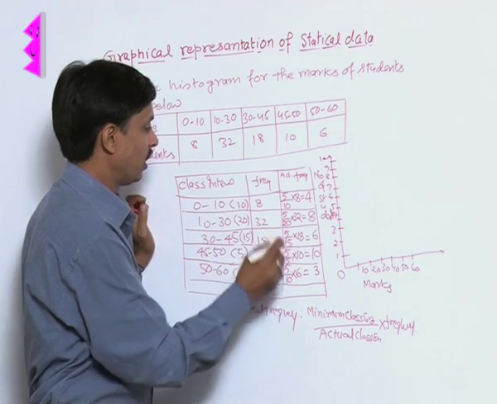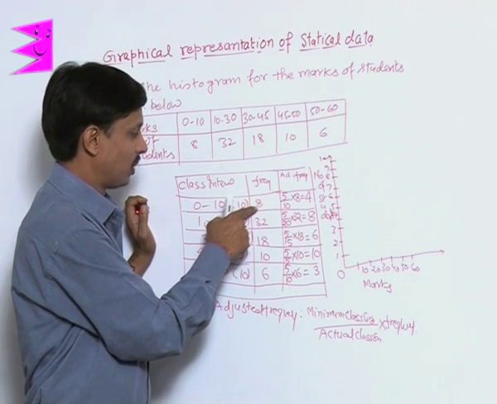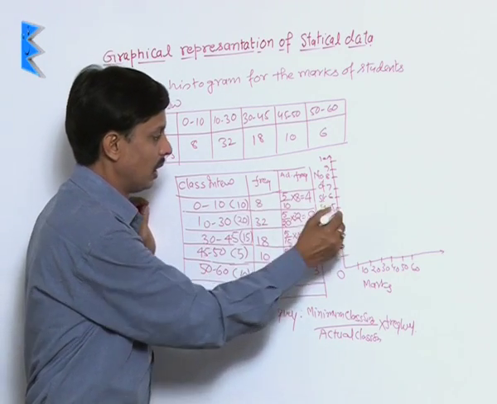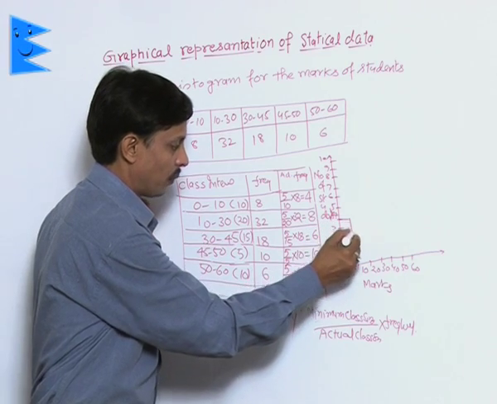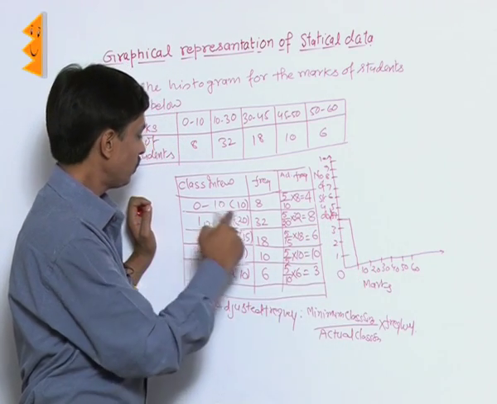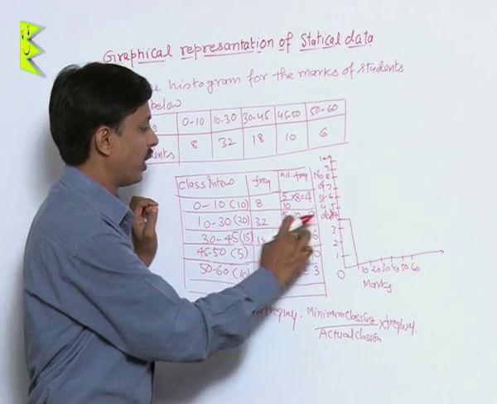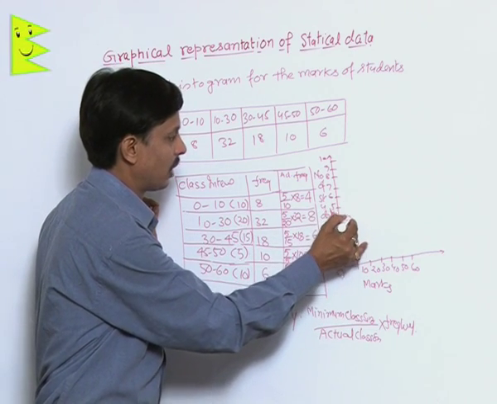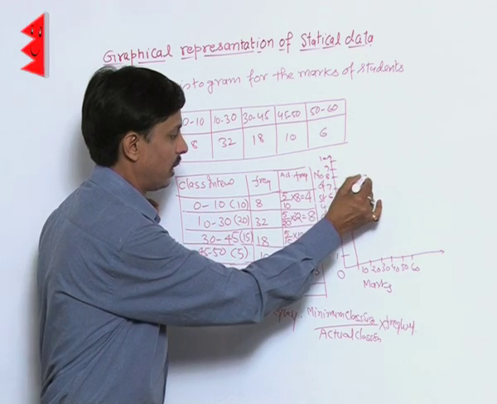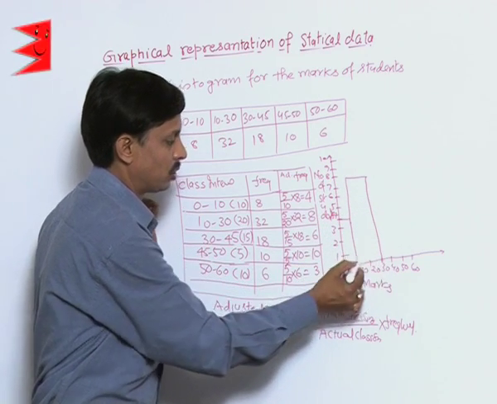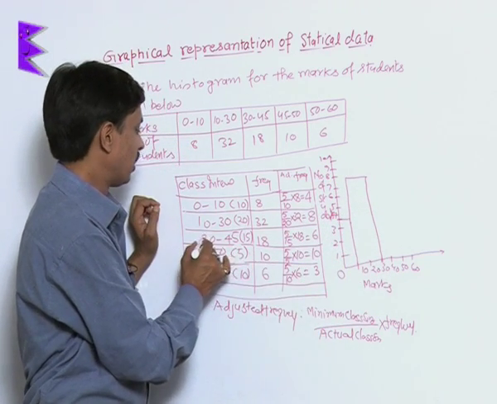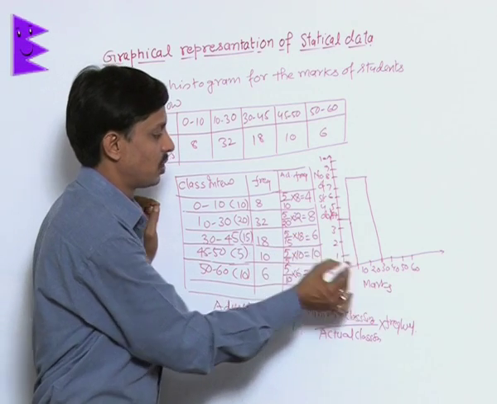The first interval 0 to 10 goes till 4. By mistake you should not make it 8. So the first interval is this. Next is 10 to 30. Its width is more and it goes till 8, so I will take its height till 8. Then 30 to 45 goes till 6.